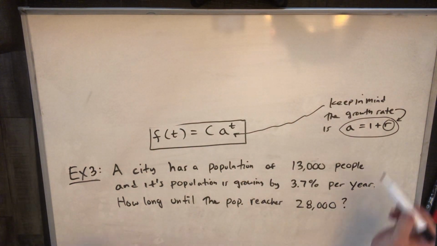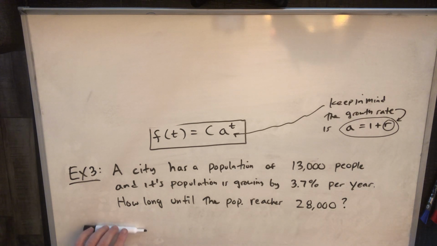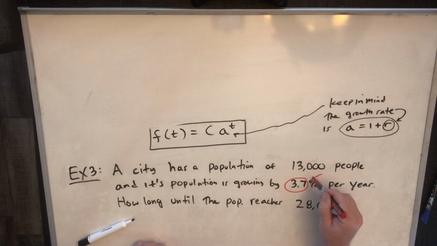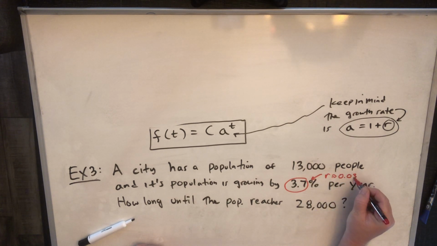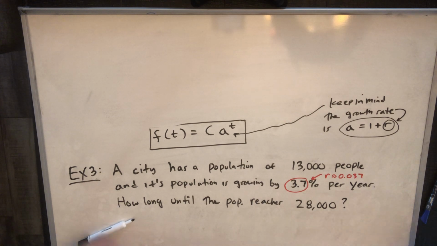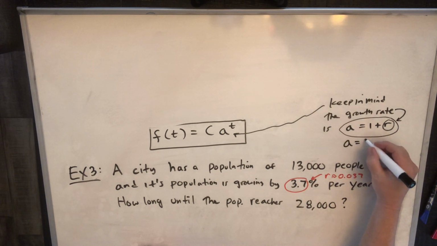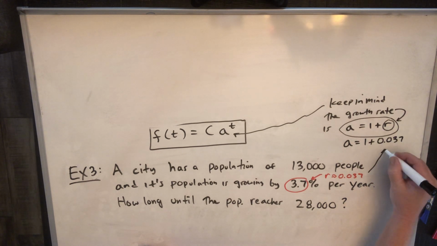Now keep this in mind, the growth rate is 1 plus r. So here we have our r, which is 0.037. So coming over here, a is 1 plus 0.037.